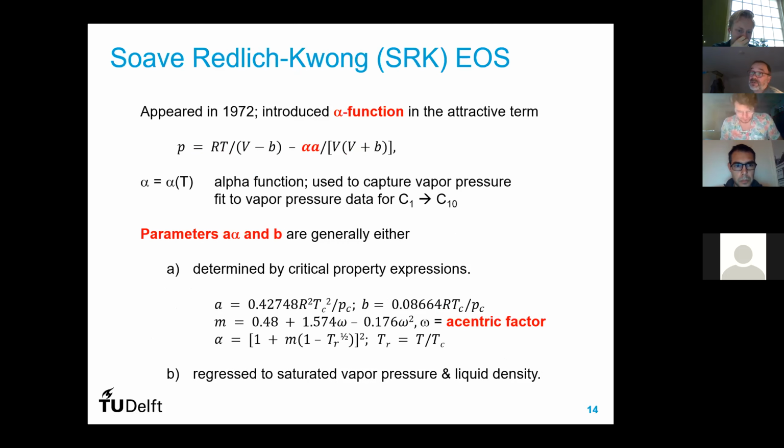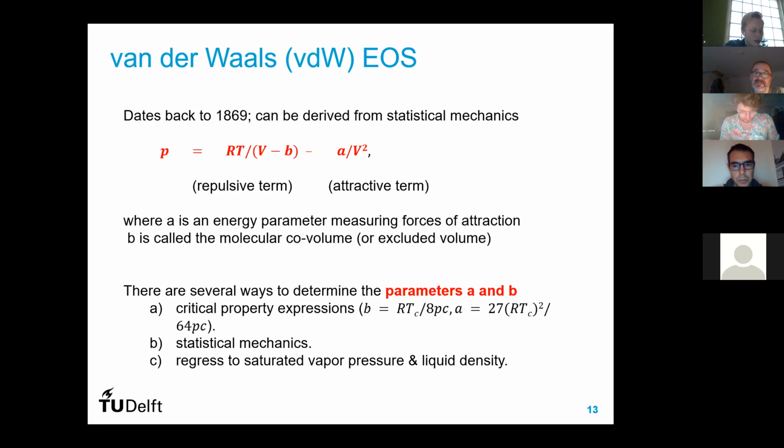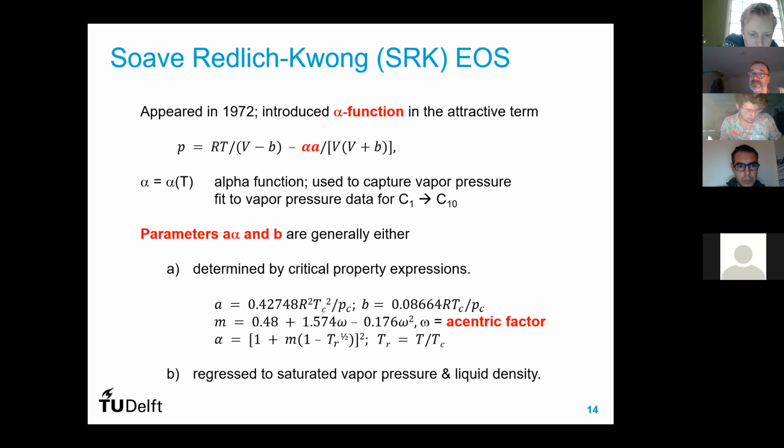Now, more than 100 years later, one of the breakthroughs was done. There was the Redlich-Kwong equation of state, and then Soave added this alpha function.